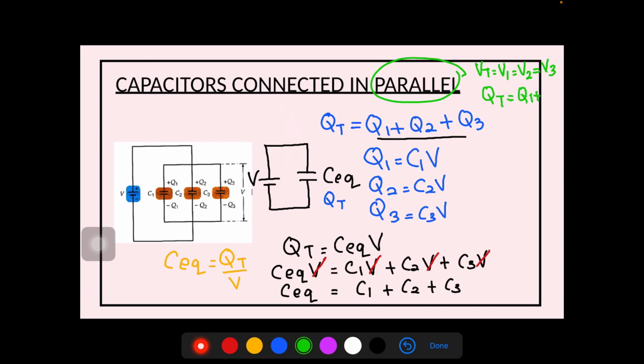Q total equals Q1 plus Q2 plus Q3, and C equivalent equals C1 plus C2 plus C3. That is the theory for capacitors connected in series and parallel. Next we will look at the examples. We will do example 2 and example 3.